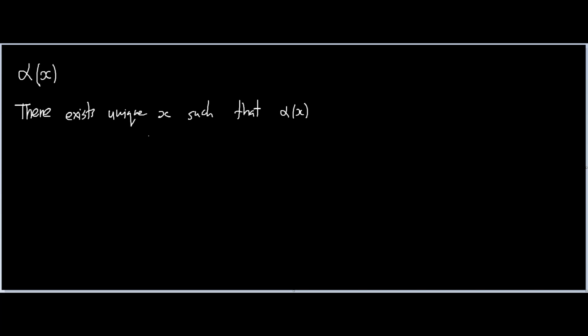We have a logical symbol for there exists. It's this one. If I say just this, then all I'm saying is that such x exists. It doesn't say that it's unique. Unique means that there is only one such. So it means that there cannot be another object having the same property.